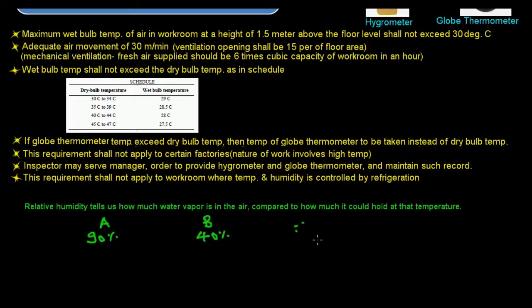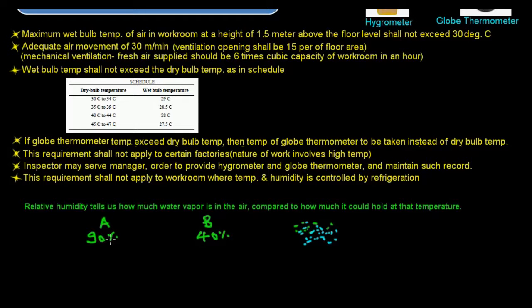So this is air. Air is a mixture of different gases, so it also has water vapor. This blue color is the water vapor. So relative humidity says how much of this water vapor the air holds, compared to the maximum it can hold at that particular temperature.